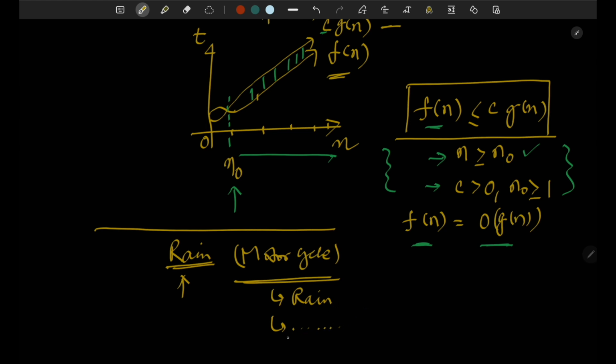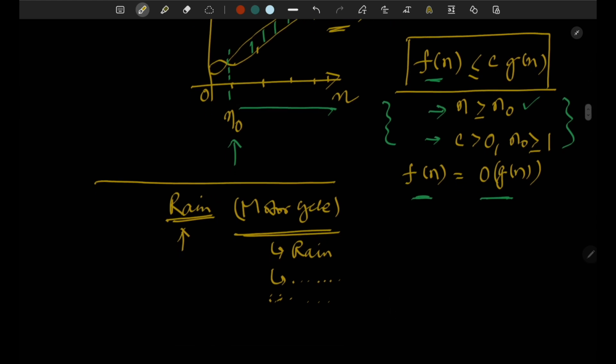So out of all these things that could happen, what is the worst thing that could happen? So if the worst thing that could happen is, let's say it's going to rain and you will get all wet and all those things that you don't want, then in that case you are kind of trying to bound your outcome or bound your activity under the worst thing that could go wrong, right?